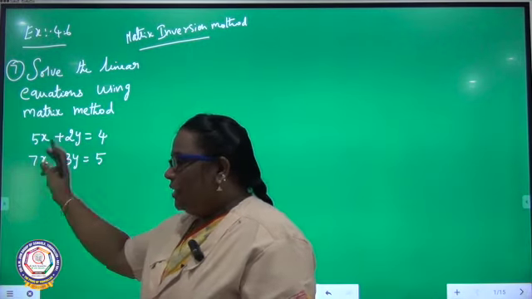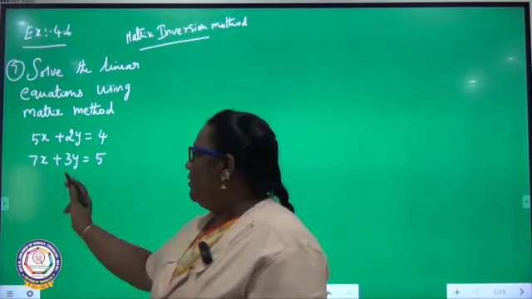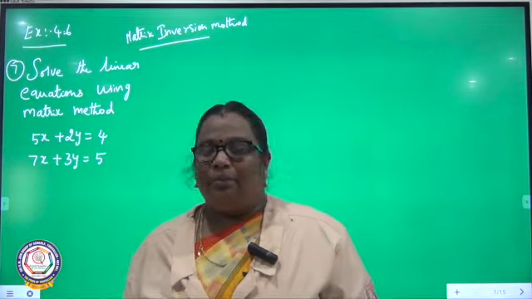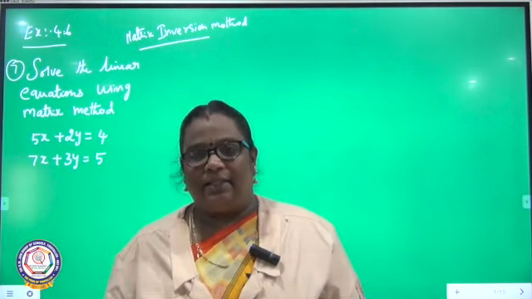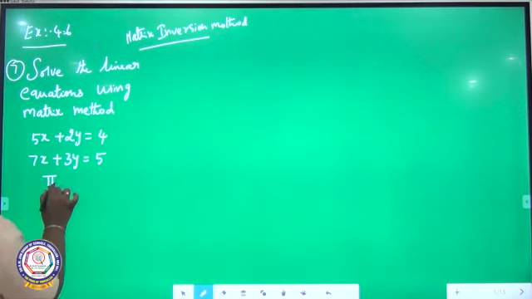See, the given equations are 5x plus 2y equal to 4, 7x plus 3y equal to 5. First we should find out whether A inverse exists or not. Write it in a matrix form.